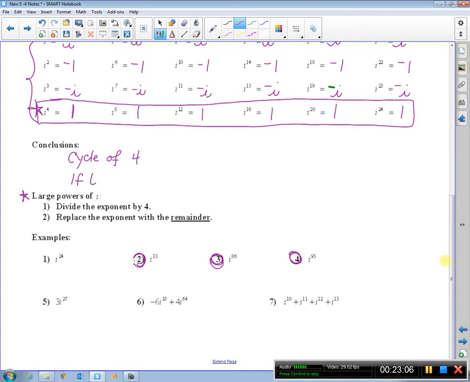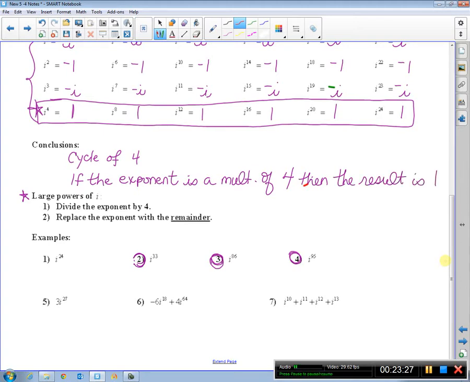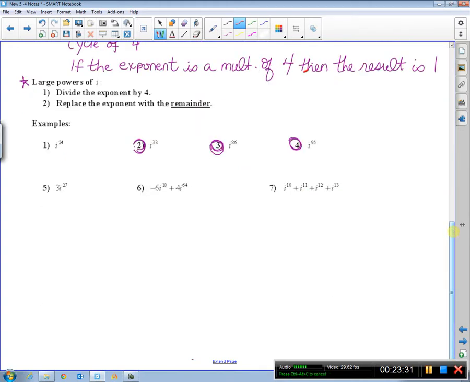So we see if the exponent is a multiple of 4, then the result is 1.